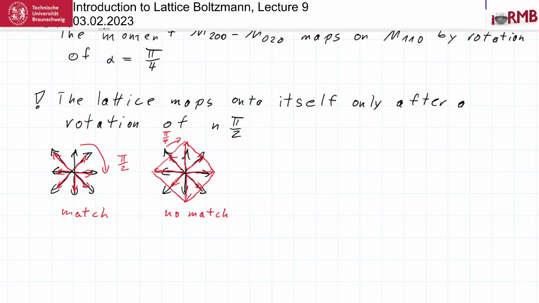So alpha is not necessarily n pi half. I mean, it can be, but it's not necessarily. So this basically implies that numerically M110 and M200 minus M020 can be in different sets.